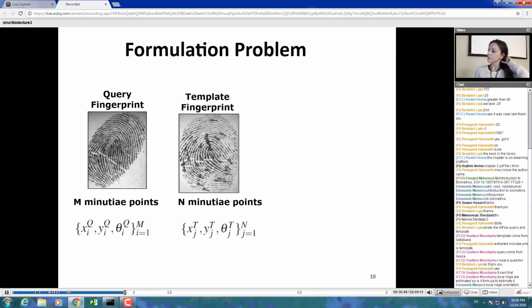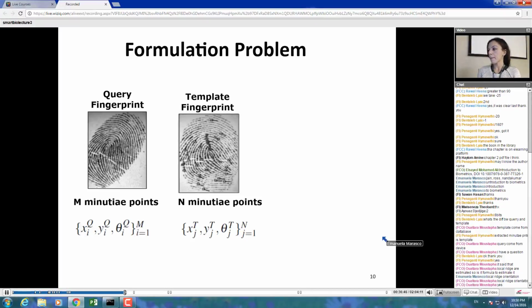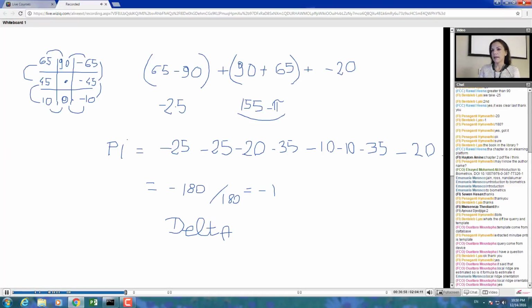Oh yes, so we define the local ridge orientation, which is this data here. Okay? So I can now use this part of the whiteboard. For example, this is a portion of the image, right?